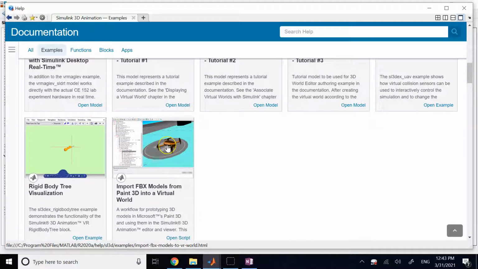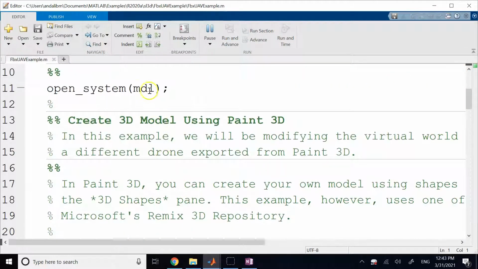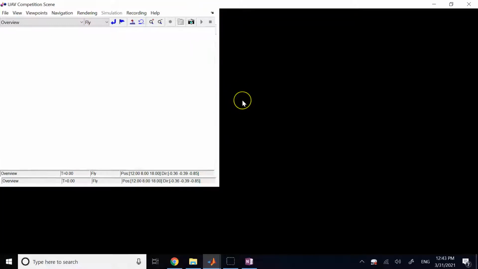Flight of a drone in real world. And rigid body visualization. I guess this is, let me look at this one. This is really nice. Okay, so this is MATLAB and this MDL file. This is a Simulink model, and this is really nice, that shows a drone flying in a virtual reality 3D environment.